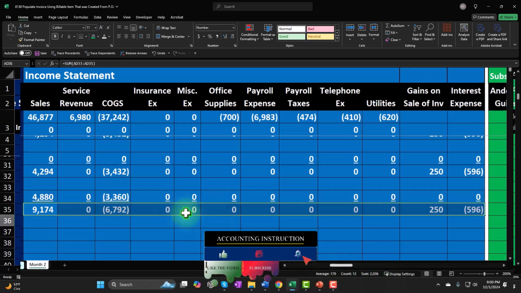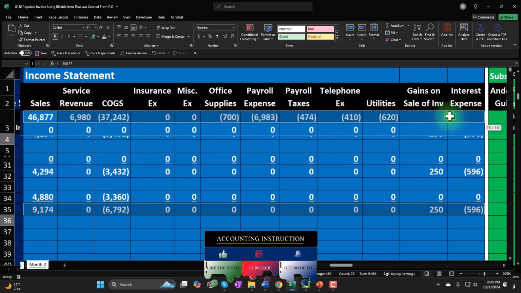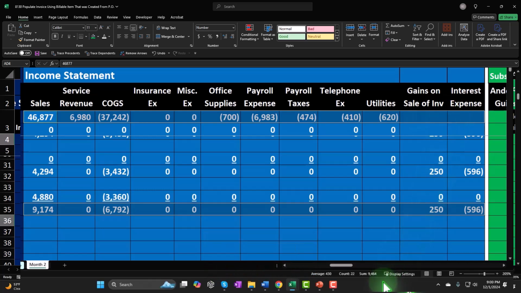And then if I hold down control and add up the top bit right here, the total for the year to date, I believe, is 9,462 for 2 months of activity.